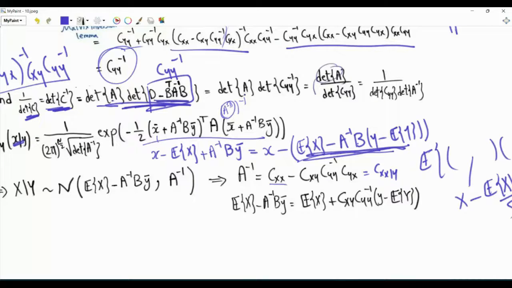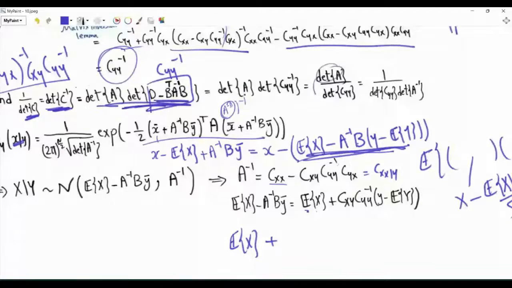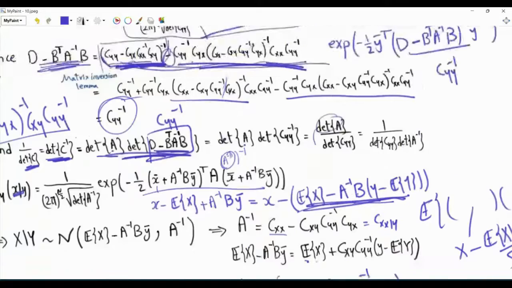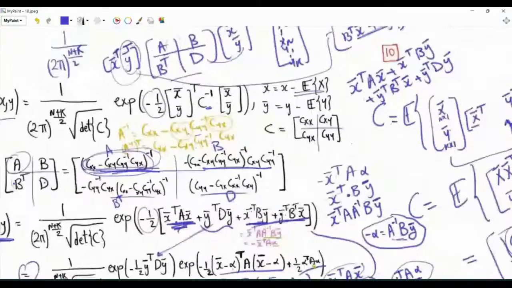Okay, and what is the mean vector? So it is the expected value, then here we have a minus, and then we have A inverse. So this is A inverse, like this. And then we have B. So we need to go here and B. So B is minus this inverse.